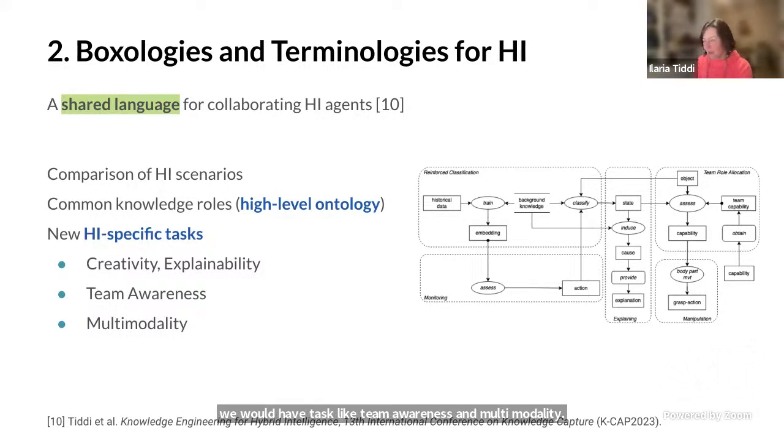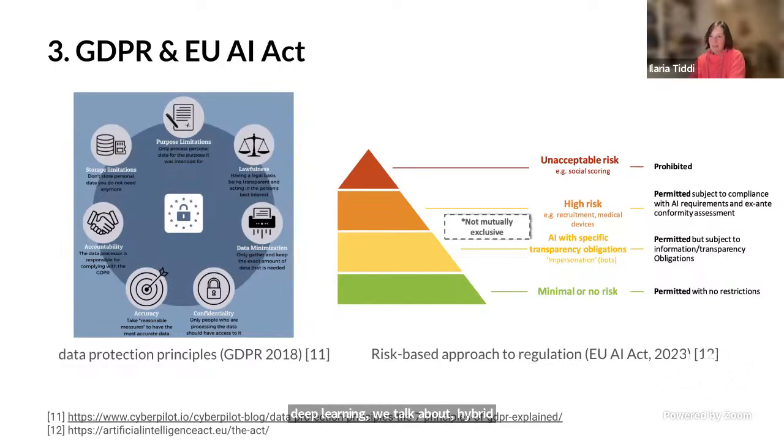So we talk about deep learning, we talk about hybrid intelligence, and what also came into play with respect to explanation, and we didn't have that much time to dive into it, but hybrid intelligence is strongly related to that as well, especially with a European perspective, is the GDPR and the EU AI Act, which recently came up.